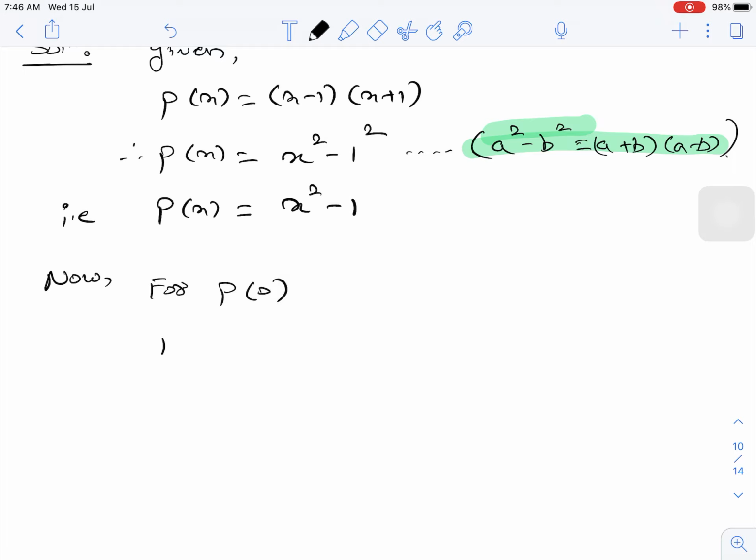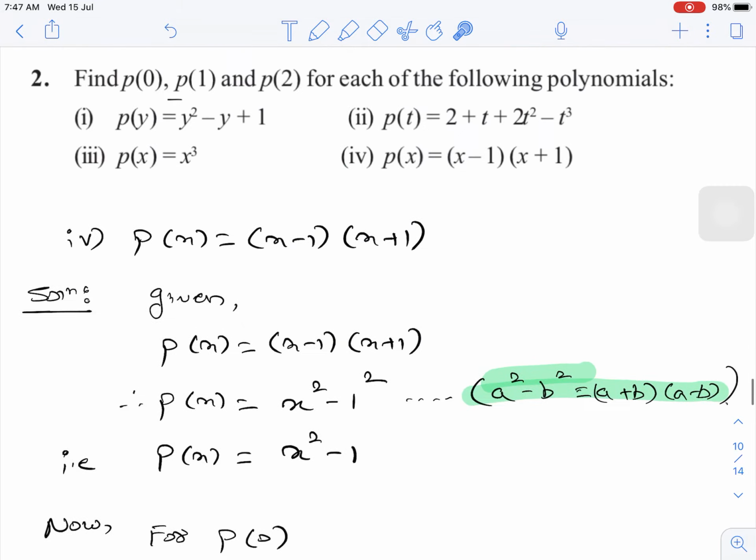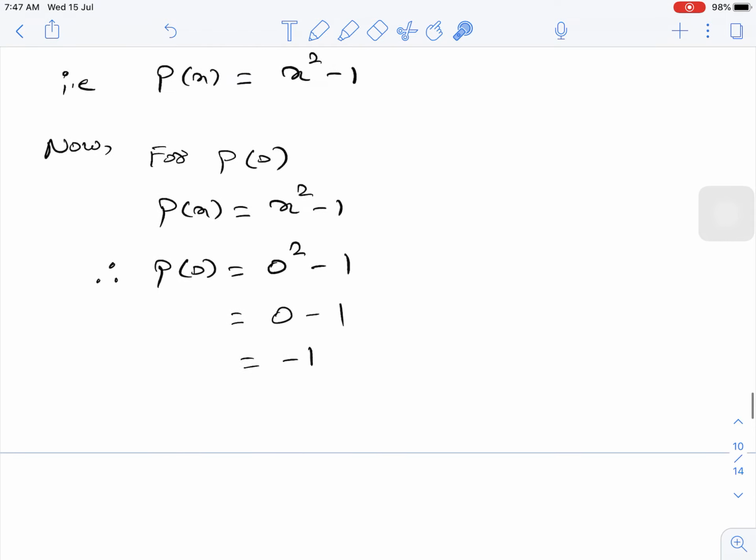For p0, first you write p of x equals x square minus 1. Therefore p of 0 equals 0 square minus 1. Now 0 square means 0, minus 1, so that equals minus 1. So for the given polynomial, when the value of x is 0, that is p0, the value of the polynomial is minus 1.